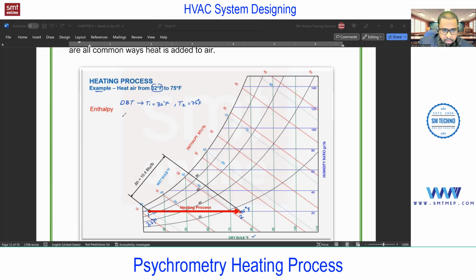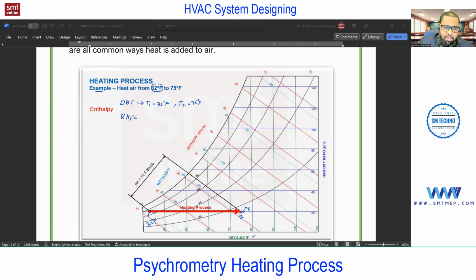Just one question, sir. How are you showing that increasing the heating will be horizontal like this? Are there any lines representing the addition of heating? Here, increasing temperature means adding heat only, right? We have enthalpy also, we'll discuss it. Give me a minute.